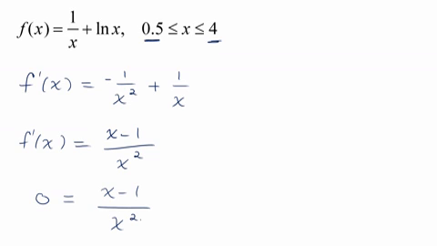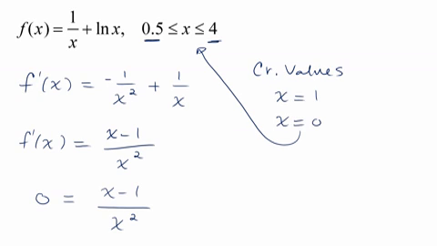We see that we have two critical values. x equals 1 would cause the numerator to be 0, causing the fraction to equal 0. And we also have a critical value x equals 0, causing the denominator to be 0, which would cause the derivative to not exist. Now, of those two critical values, x equals 1 and x equals 0, however, 0 is not in the interval under investigation.